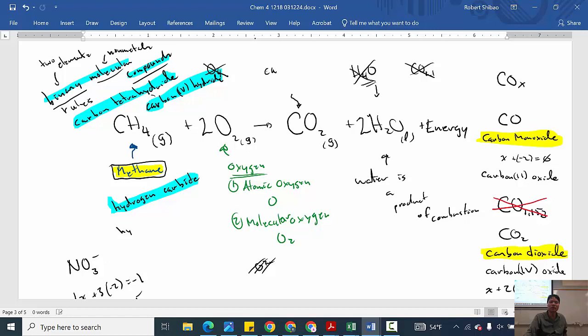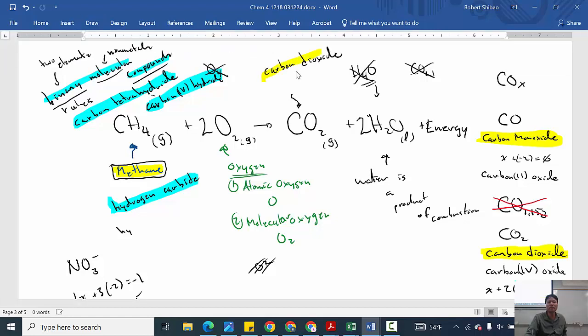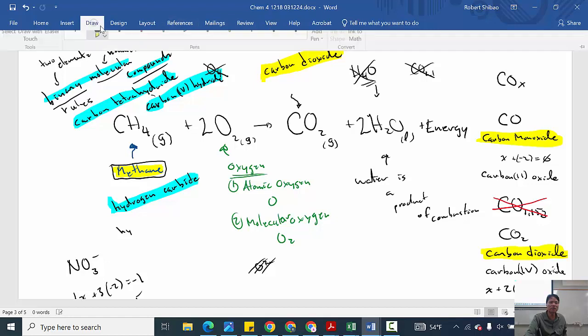The rule would be carbon dioxide. So according to the rule, we should name this carbon dioxide. There are other ways to name this, though.